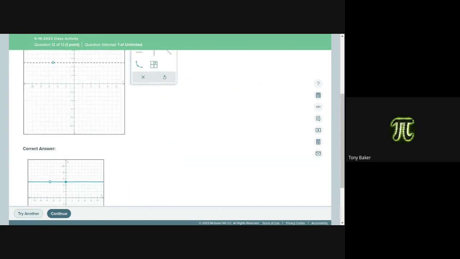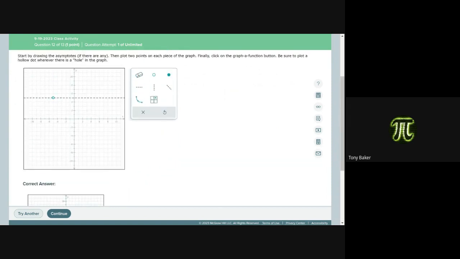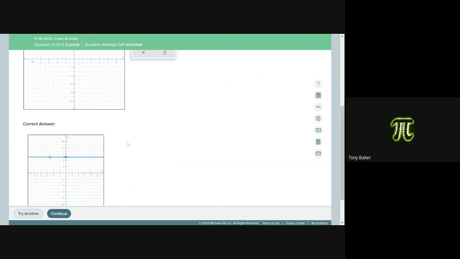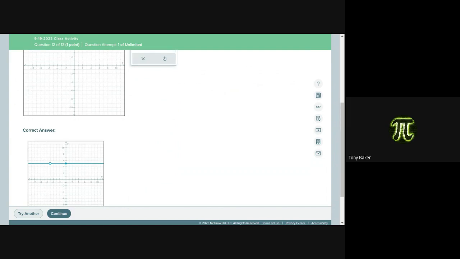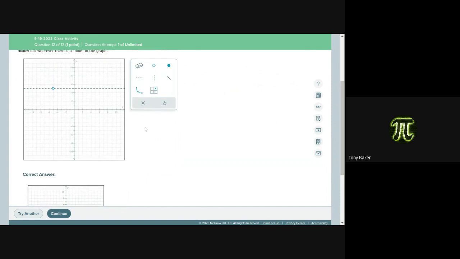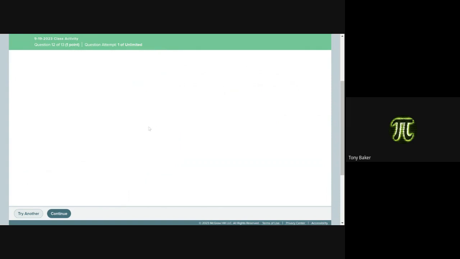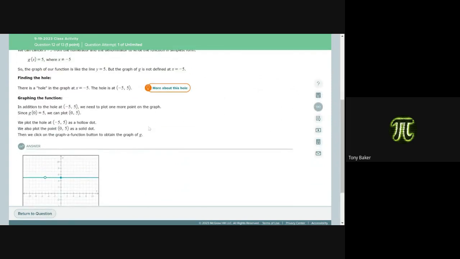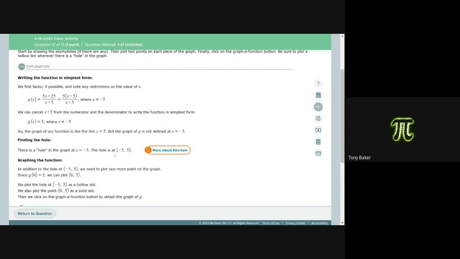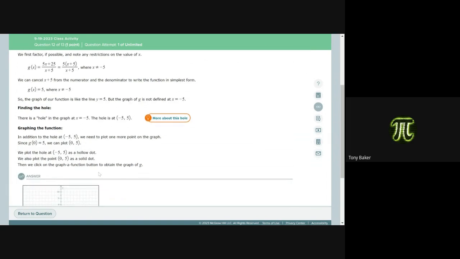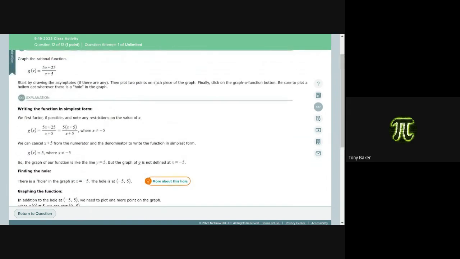A hole on it? Weird, because there's only one point. They just put in the asymptote. I don't know. There's a hole to graph. The hole's there. In addition to the hole, we need to plot one other point. They only wanted one other point in this one. It said 2.